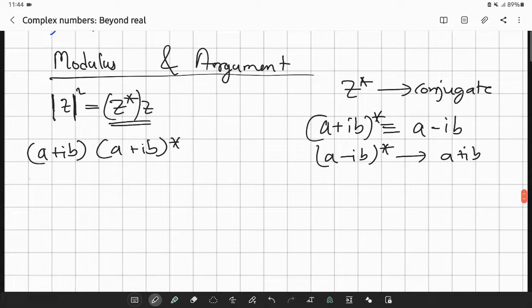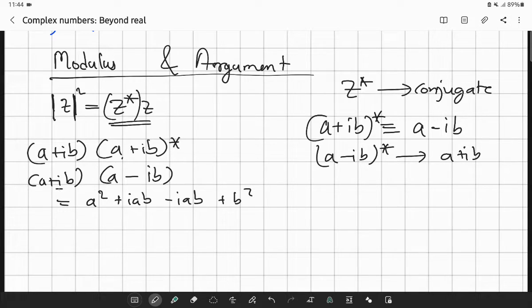Now let's calculate this quickly, step by step. I have a plus ib times its conjugate, a minus ib. If I do this quickly, a squared plus iab minus iab plus b squared, because i times minus i is plus 1 and b times b is b squared, and so plus iab and minus iab get cancelled out. I'll have a squared plus b squared.